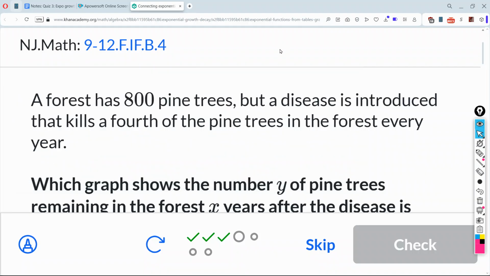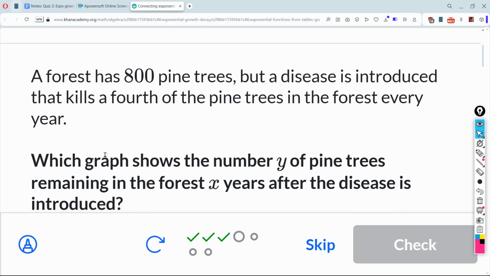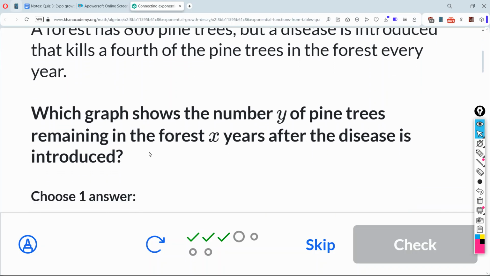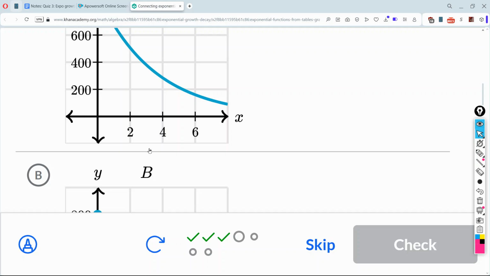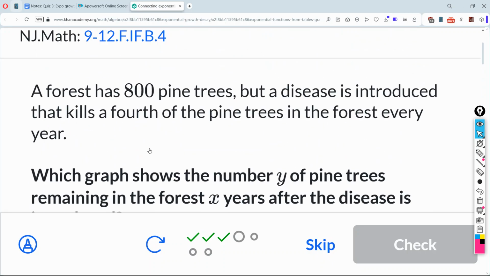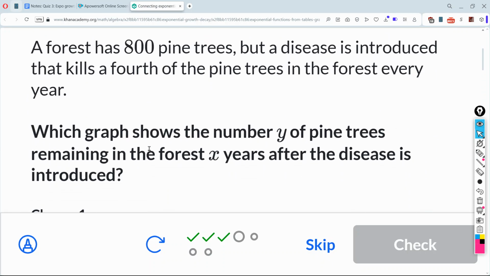All right, a forest has 800 pine trees. A disease is introduced. It kills a fourth of the pine trees every year. Which graph shows the pine trees x years after? All right, so let's see. We're going to start with 800. This is the initial amount, and this is going to be at x equals 0.